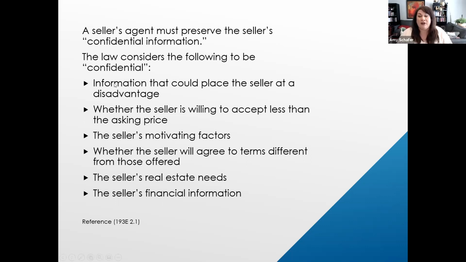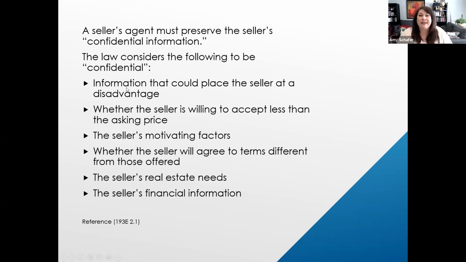Information that could place a seller at a disadvantage when negotiating, whether the seller is willing to accept less than the asking price, the seller's motivating factors, whether the seller will agree to terms different than those offered, the seller's real estate needs, and the seller's financial information.